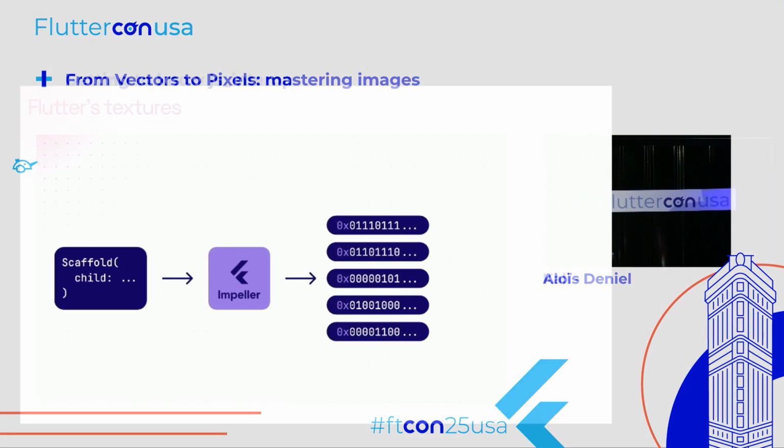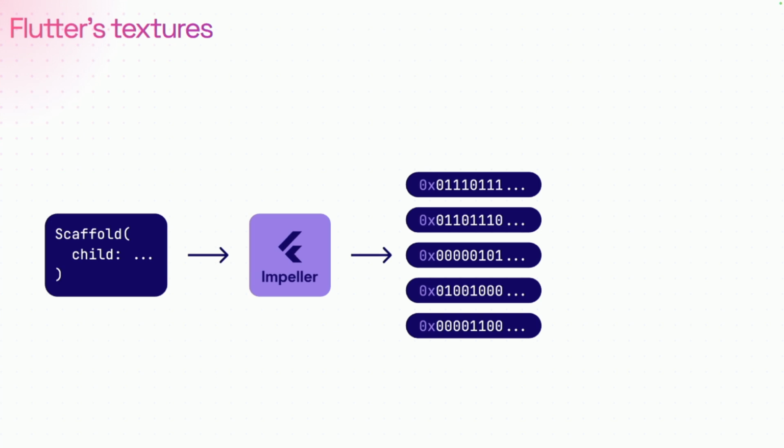Flutter hides a lot of complexity with its engine, the Impeller rendering engine, which often transforms many pieces of your application code into textures that are sent to the GPU. But it also sends textures that are directly your images, your assets, including raster images.